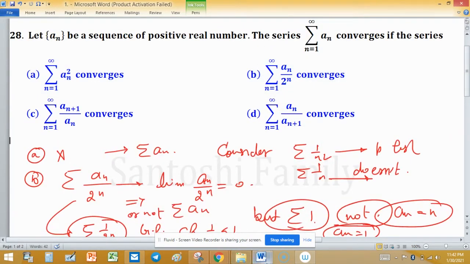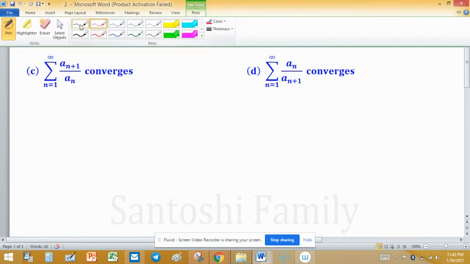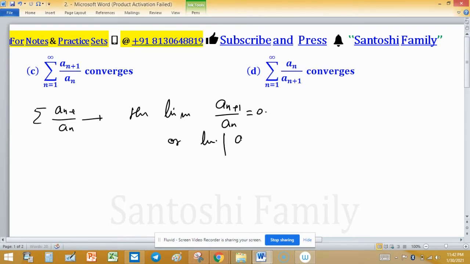Now come to options C and D. We know that if the series a_n plus 1 upon a_n converges, then the limit of a_n plus 1 divided by a_n equals 0 or the limit of a_n plus 1 divided by a_n is less than 1.